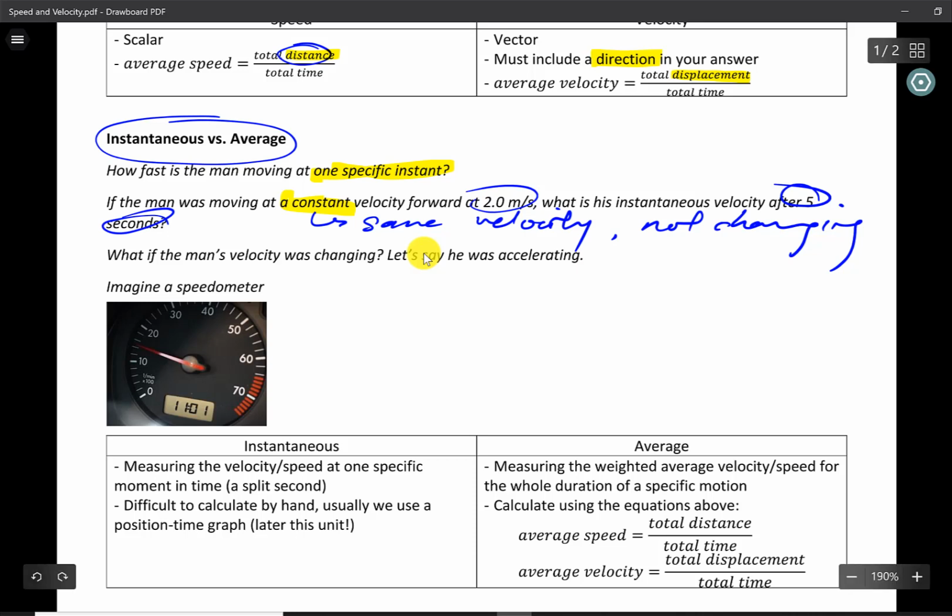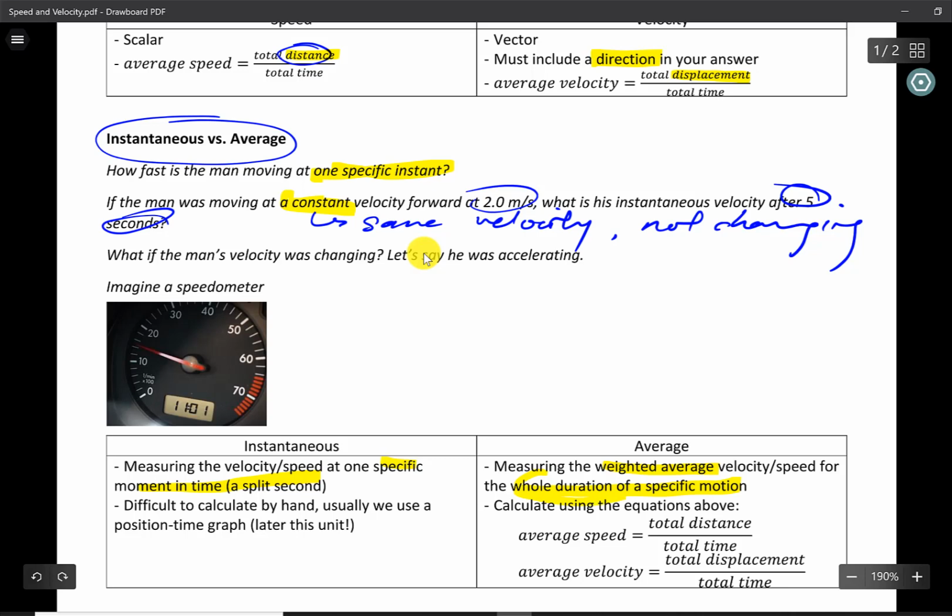Now, what does that mean in comparison to what we call the average velocity? What if we wanted to find the average velocity? As opposed to finding the velocity at a specific moment or a split second in time, the average is looking at the weighted average for a specific motion.